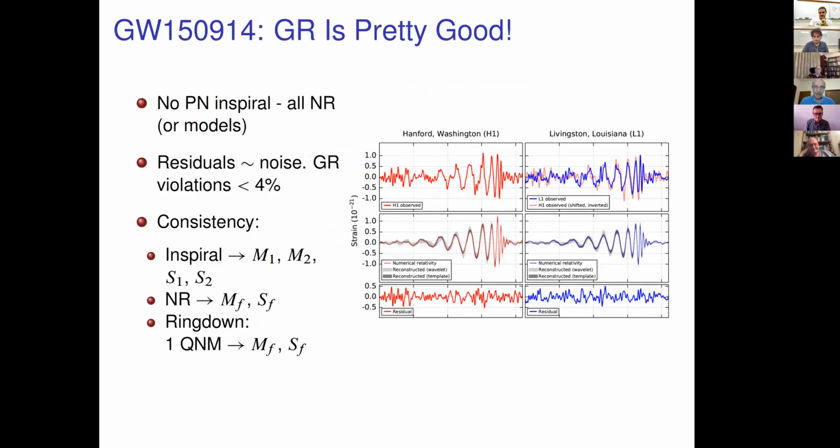All right, so let me remind you about the first gravitational wave event detected by LIGO. The conclusion I want you to take away from this is that it's all very well to talk about deviations or alternative theories of gravity to general relativity. But actually, general relativity, if it's wrong, it's not wrong by a lot. So for example, this is from the discovery paper.